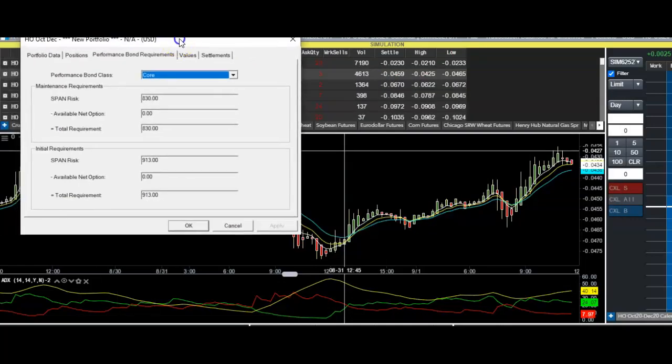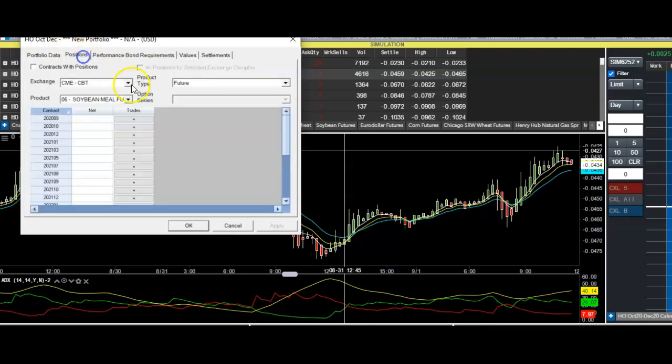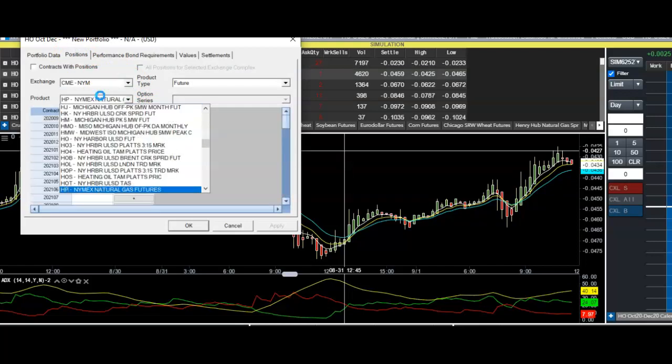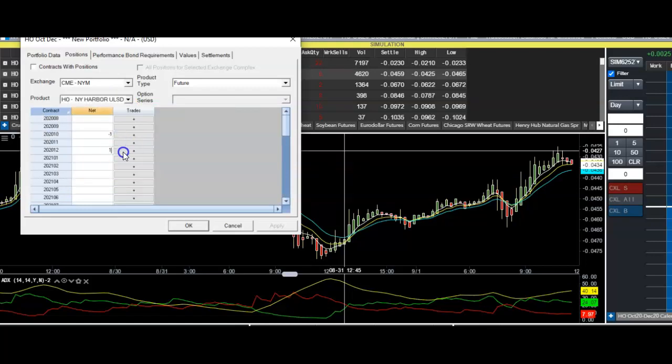So, man, this is pretty damn cool. $913 span margin to control one spread. You know how much it is to do one contract of heating oil? Why don't we go ahead and remove one of those positions and I'll show you. Check this out.